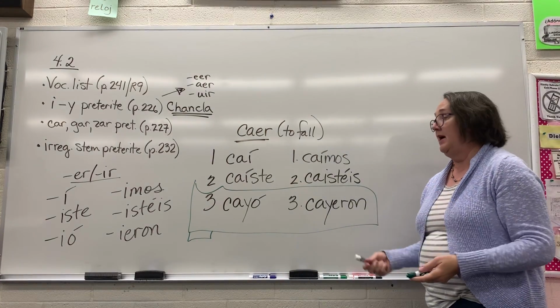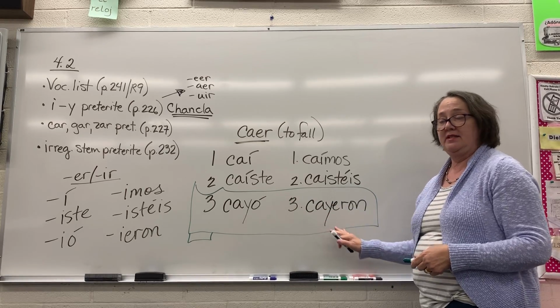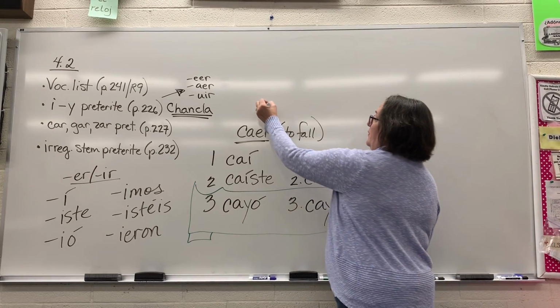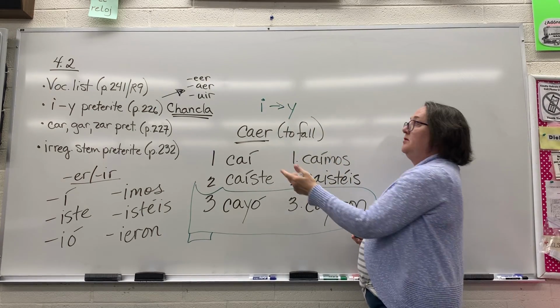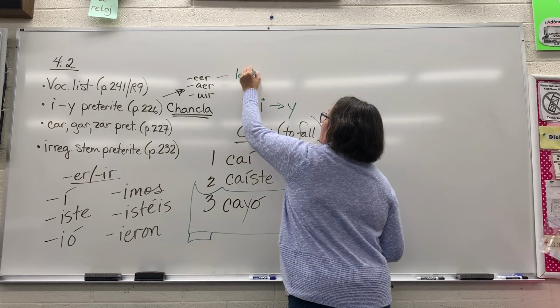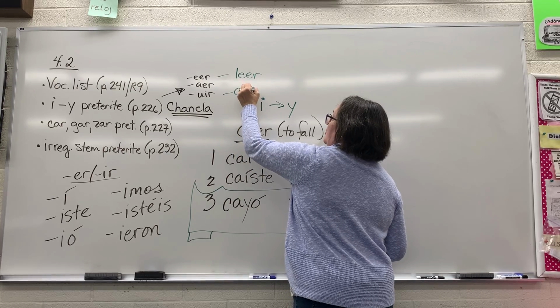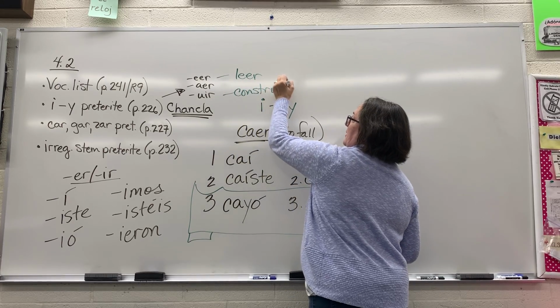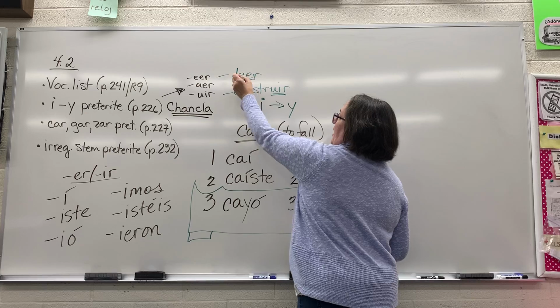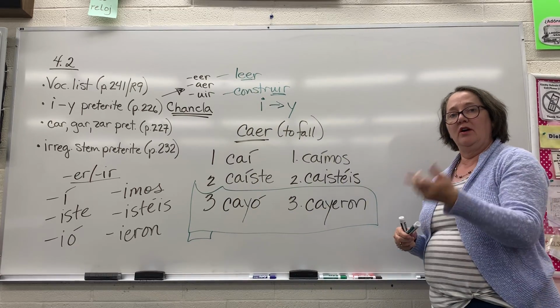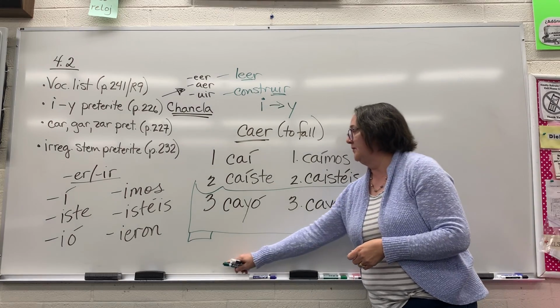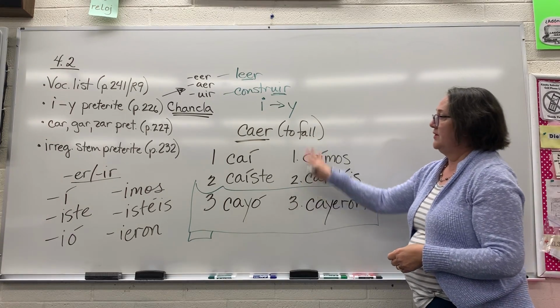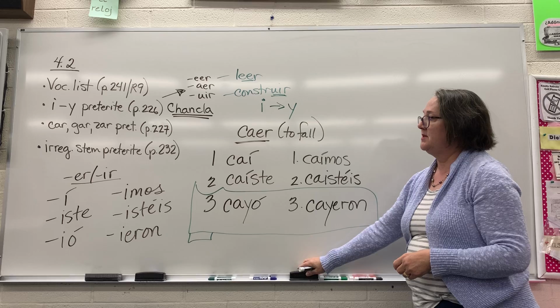And that's just to remind us where those changes take place. Remember, the I will change to a Y. Other verbs that you might see like this would be leer or construir. Look for those 3 letter combinations at the end of EER, AER, or UIR. There's going to be some others in our vocab list, okay? All right, so that is our first set, the chancla verbs.